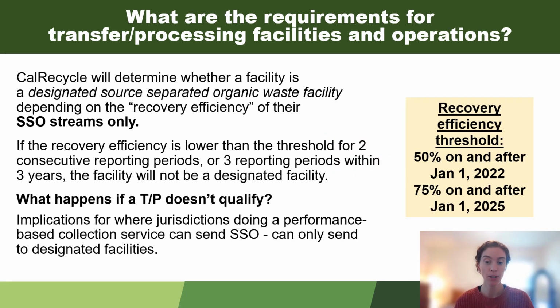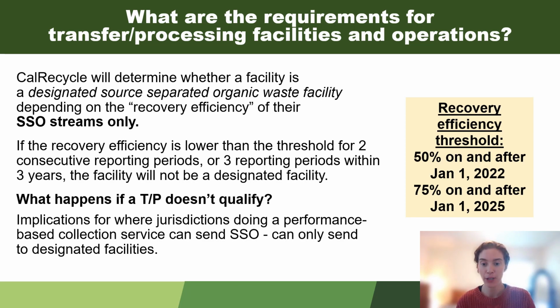CalRecycle will make a similar determination for transfer processors that handle SSO, source separated organic waste, except that a facility that meets the SSO recovery efficiency threshold will be called a designated source separated organic waste facility.